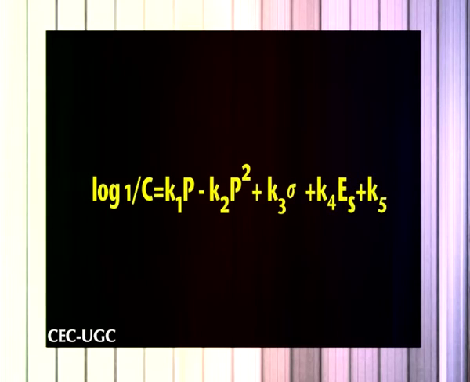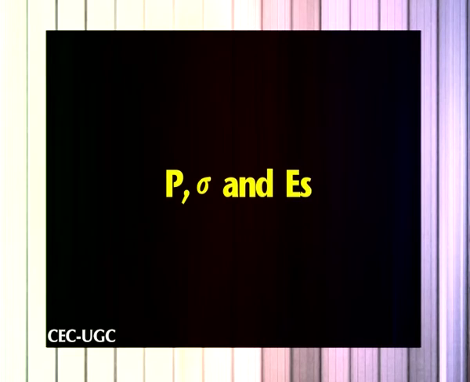For example, the general equation relating activity to all these parameters often takes the general form as log 1 upon C is equal to K1 into P minus K2 into P square plus K3 sigma plus K4 ES plus K5, where other parameters could be substituted for P, sigma and ES.